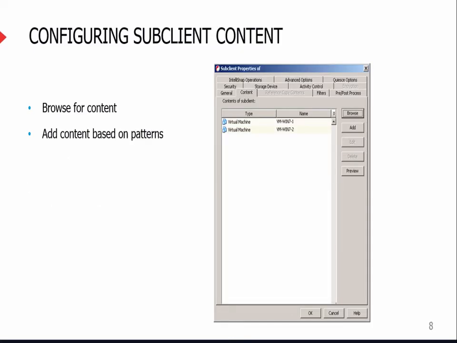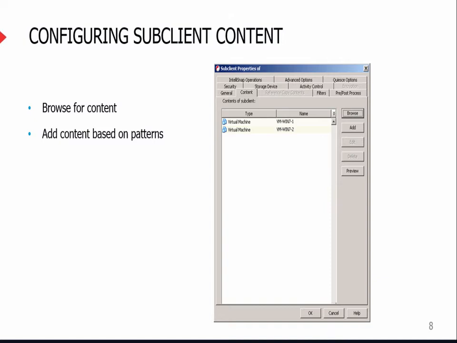To include content in a user-defined subclient, you can browse and manually select virtual machines or any other vCenter objects for backup. You can easily navigate to the required object using the Browse option and select the required content for a subclient.